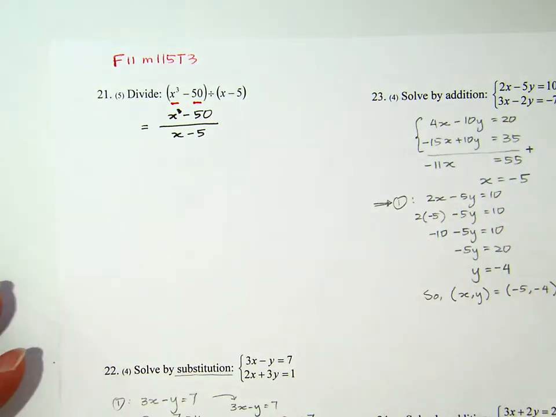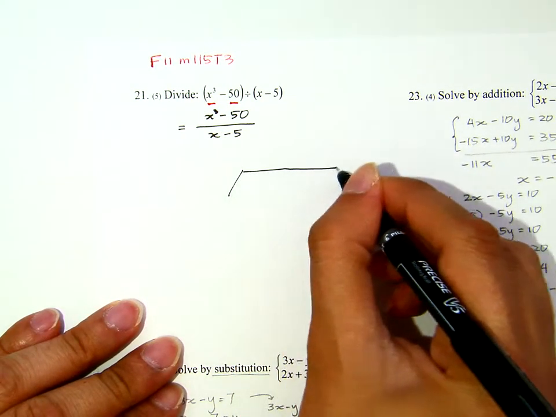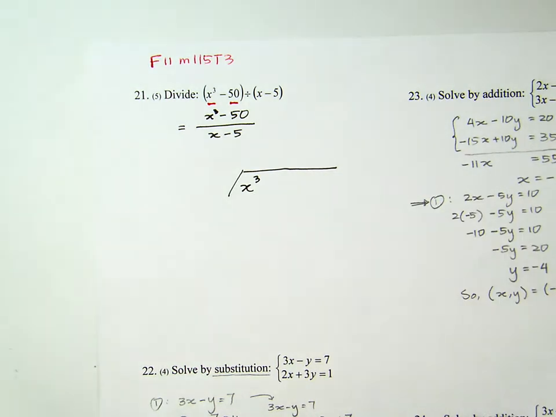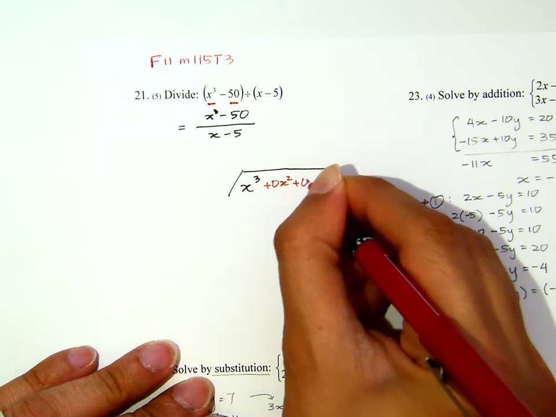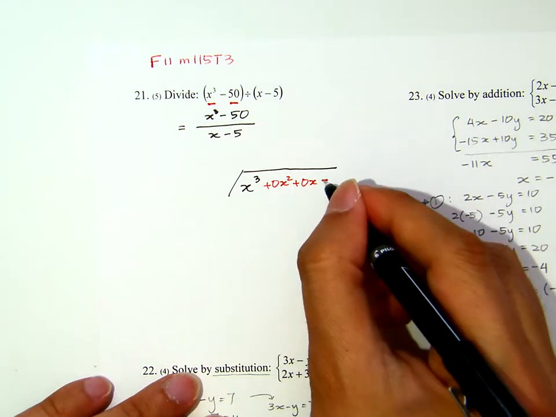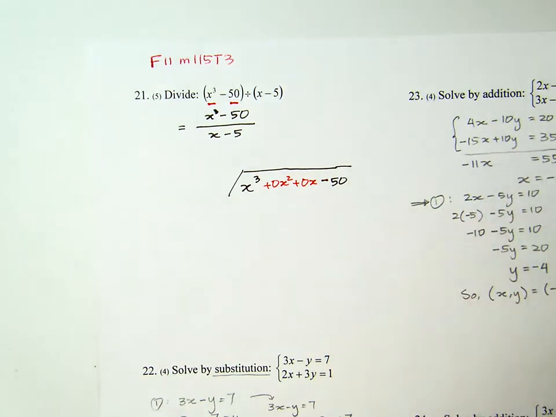Now when I do the long division, I need to be aware that I need to fill up the gap. Plus 0x squared plus 0x minus 50. Okay, I need to insert these two 0 terms there to hold the place.